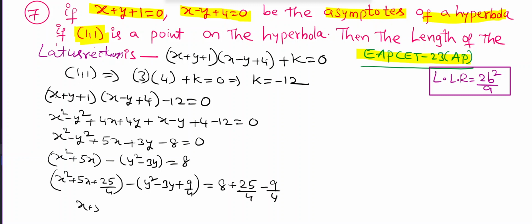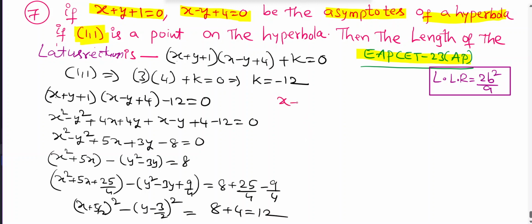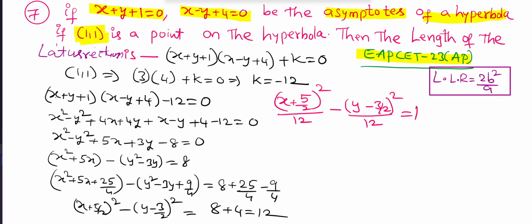This is x plus 5 by 2 whole square minus y minus 3 by 2 whole square is equal to 8 plus 25 minus 9, 16 by 4, that is equal to 4. 8 plus 4 is equal to 12. Now dividing the total equation by 12, the hyperbola equation is x plus 5 by 2 whole square by 12 minus y minus 3 by 2 whole square by 12 is equal to 1. So this is the equation of the hyperbola.